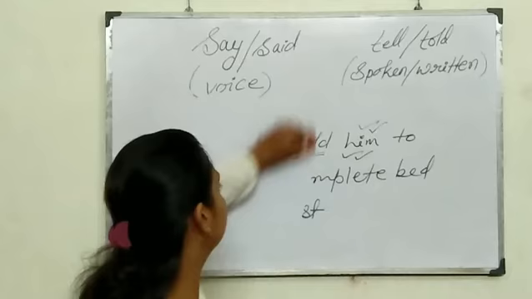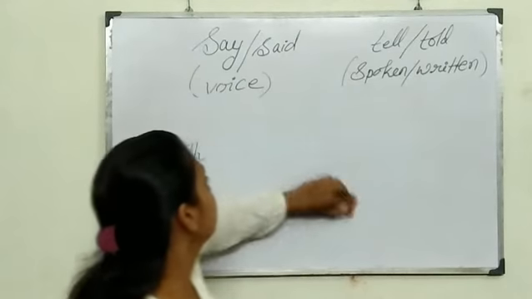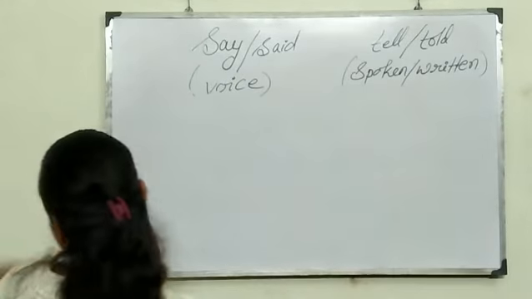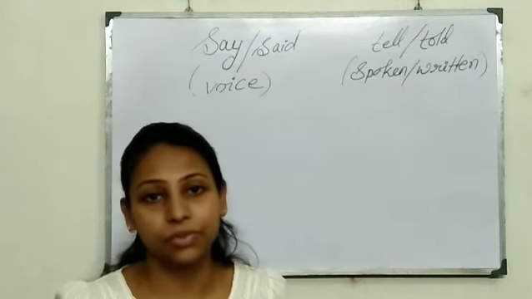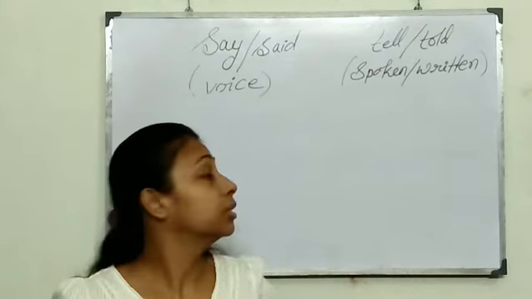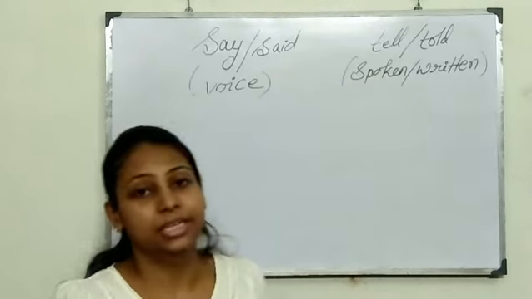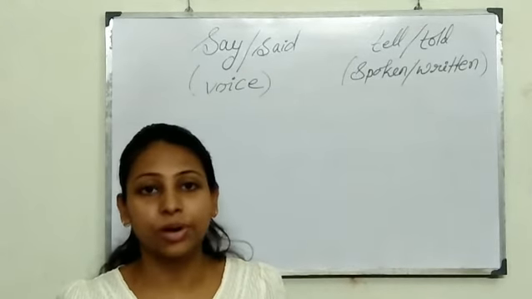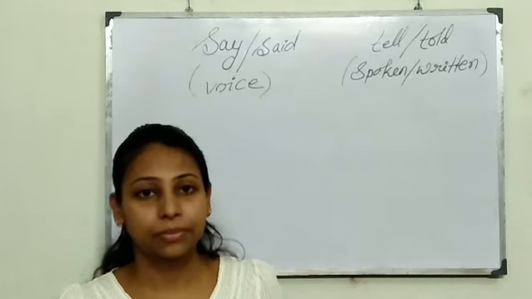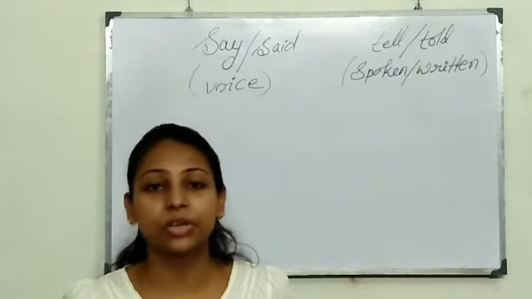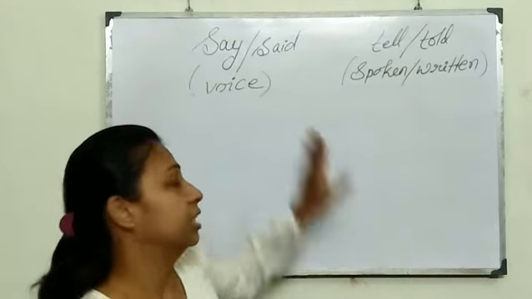Now the next difference between say or said and tell and told is when we want to quote the exact words of someone, that time we will take the help of say or said. किसी की शब्दों को वाक्यों को वैसे के वैसे ही कहना बिना किसी तरह के चेंज किए हुए. That means in direct speech if we want to say, we will use say or said.